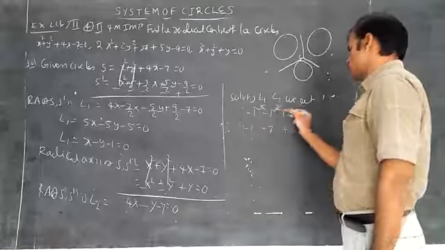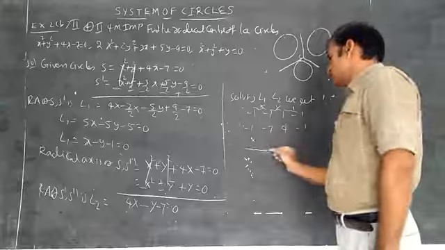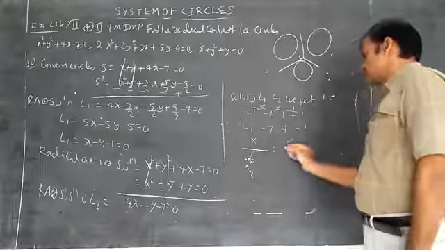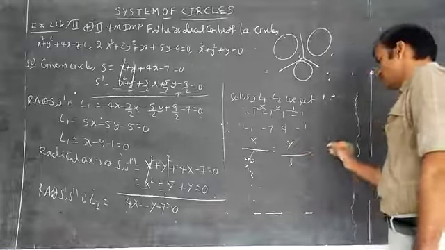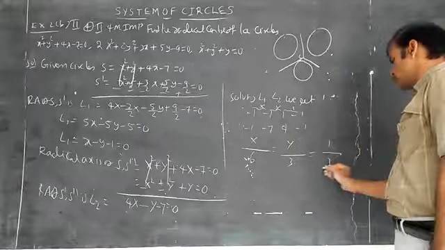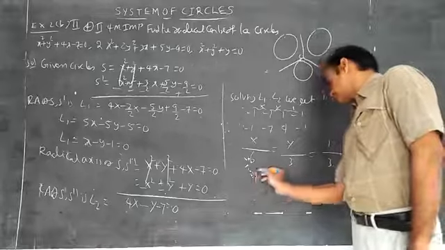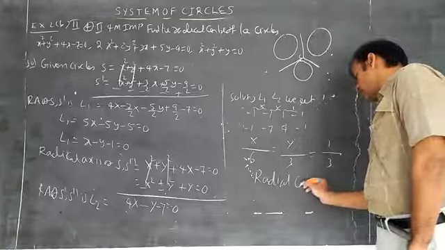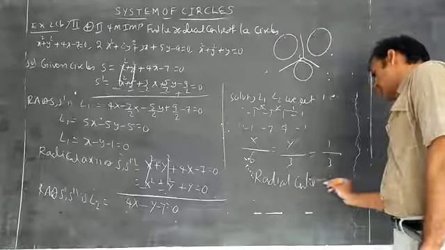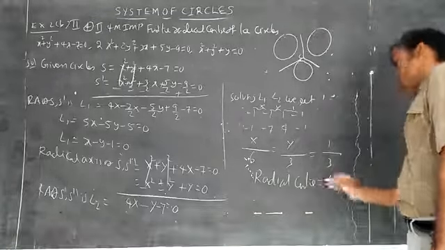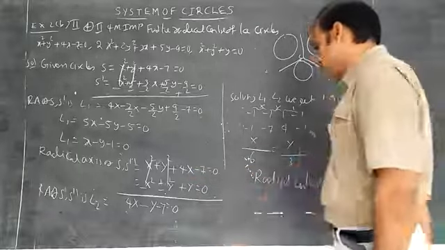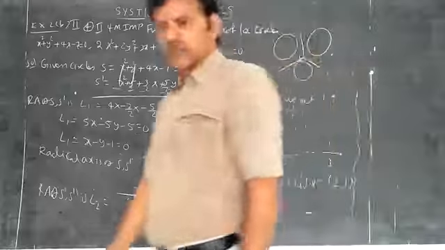This is for x, this is for y, this is for 1. x by 7 minus 1 it is 6, and y by minus 4 plus 7 it is 3, 1 by minus 1 plus 4 it is 3. Therefore 6 by 3 comma 3 by 3, you can get the radical center as 2 comma 1. Yes, it is verified.